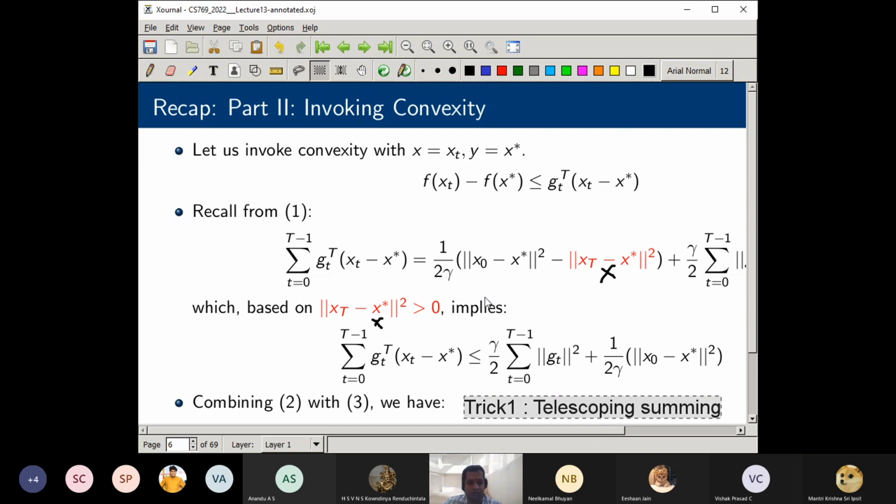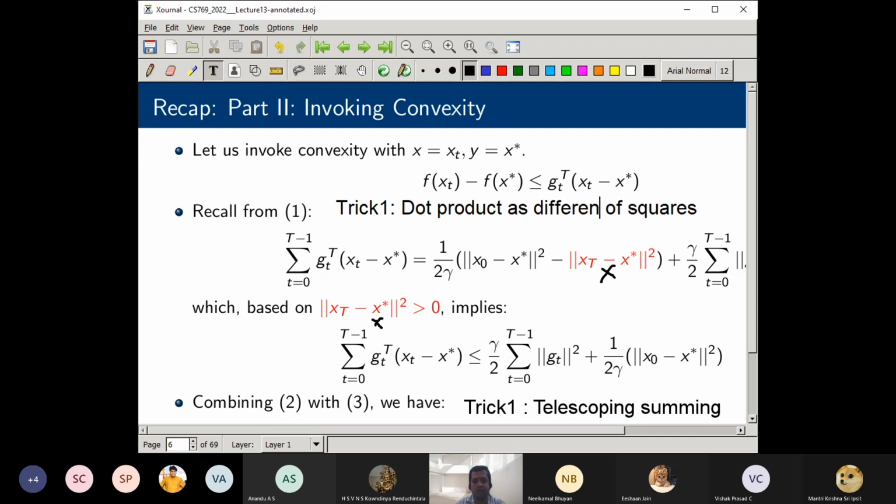Maybe the first trick was a dot product as sum of squares, or as difference of squares. So this was one trick. The second trick was telescopic summing.